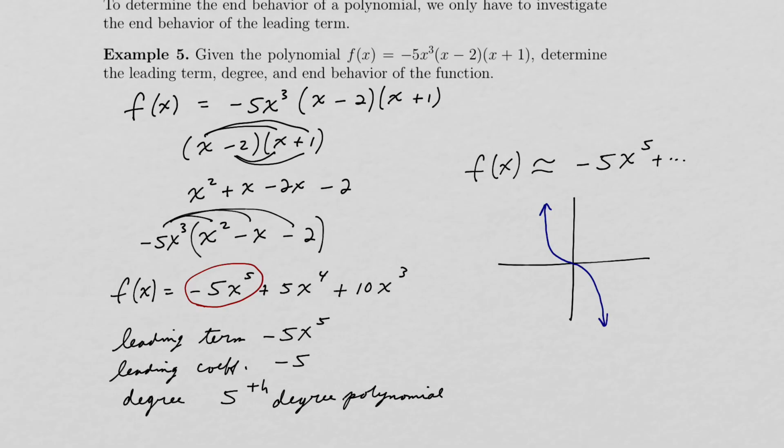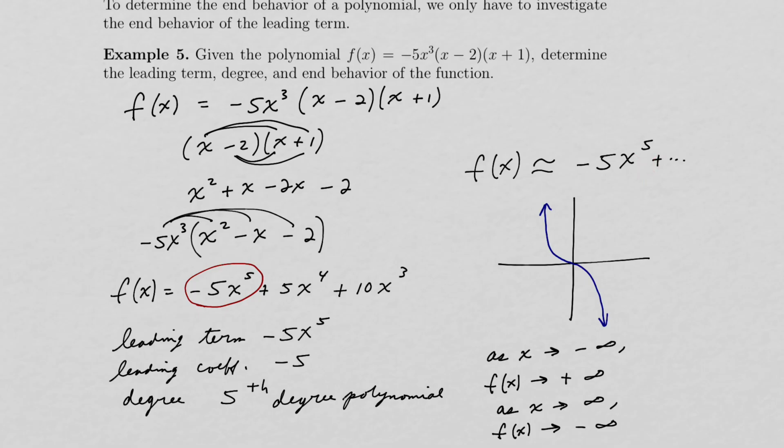So that will allow us to figure out the end behavior, right? As x goes to negative infinity, the entire polynomial goes to positive infinity. And as x goes to positive infinity, then the entire polynomial goes to negative infinity. Because it only depends on what's happening with the leading term.